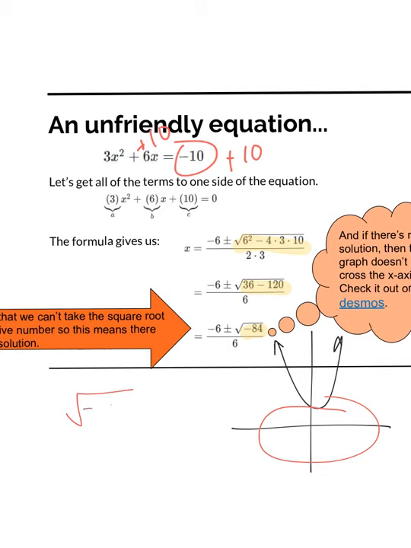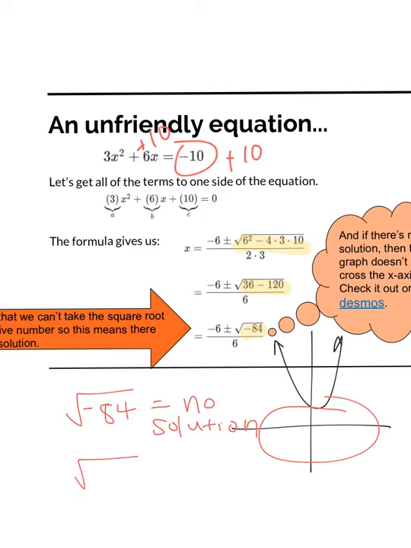So if you ever get the square root of a negative number, there is no real solution to that. Yeah, there are imaginary numbers, and we'll talk about those in Algebra 2, but we're not going to do that today. So we would just say no solution.